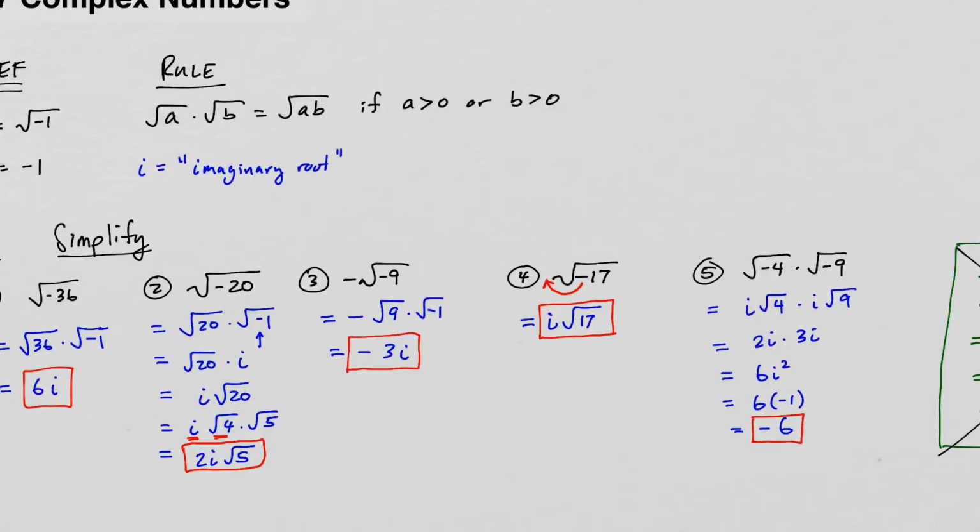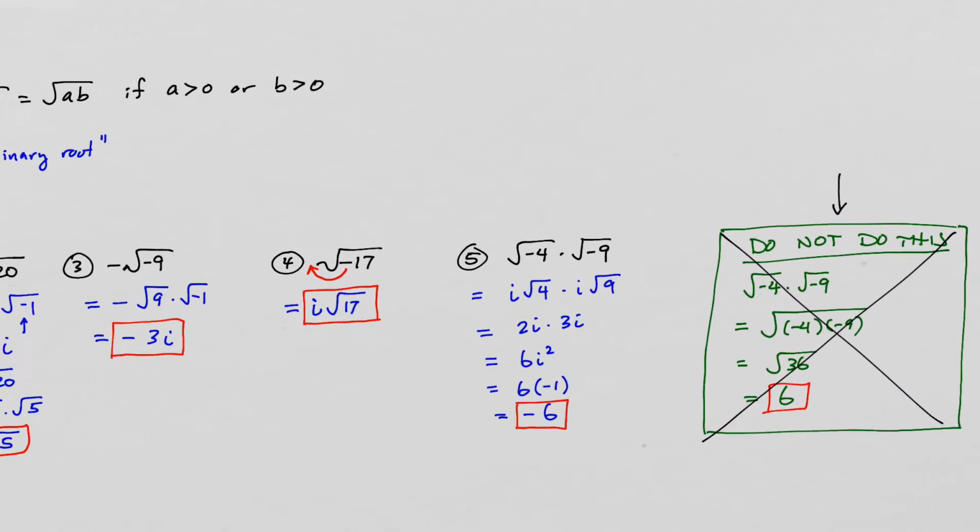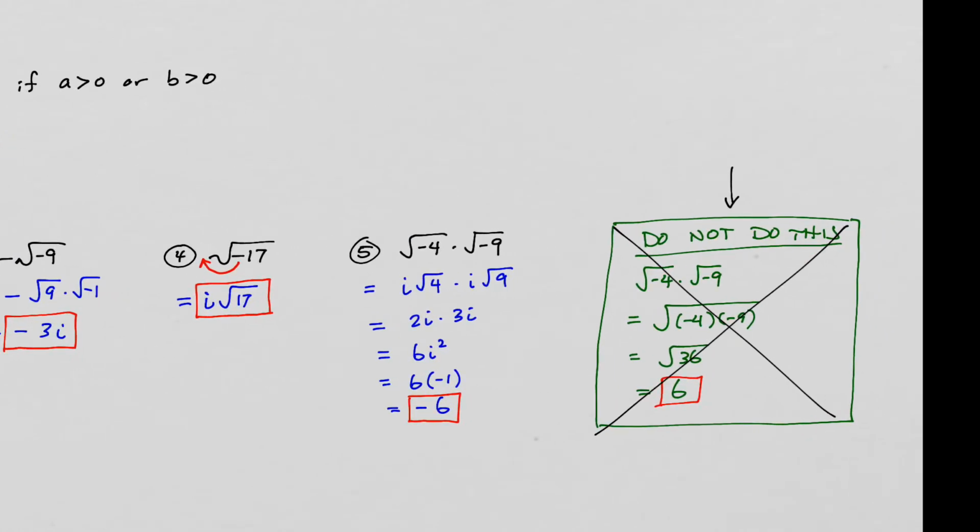They cannot be two negative numbers. So I just caution you with this. Make sure that you don't do this. Make sure that you instead simplify each of these radicals separately and then get your final answer.